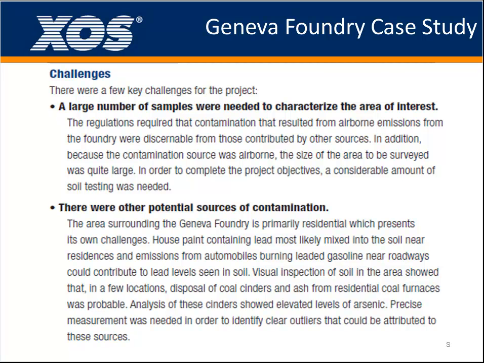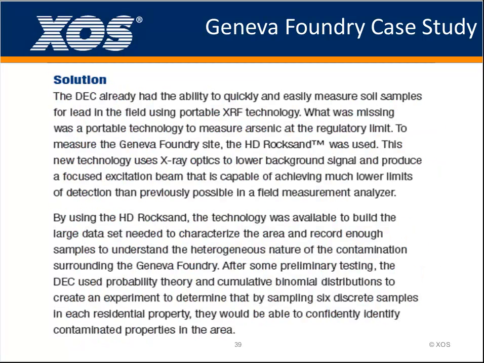Next slide. The solution: the DEC already has the ability to quickly and easily measure soil samples of lead and arsenic using portable XRF technology. Generally, the regulation control for the lead element is relatively high.